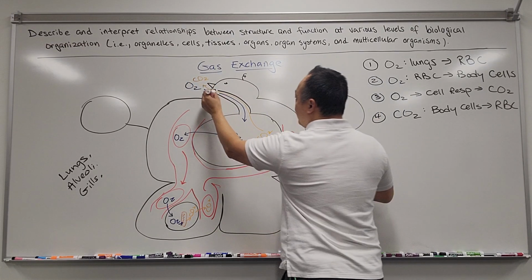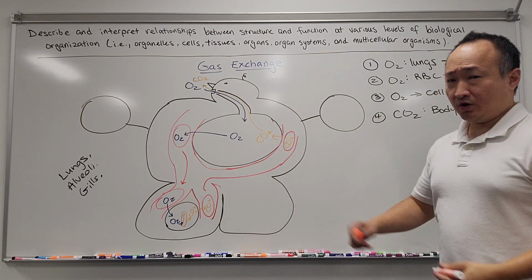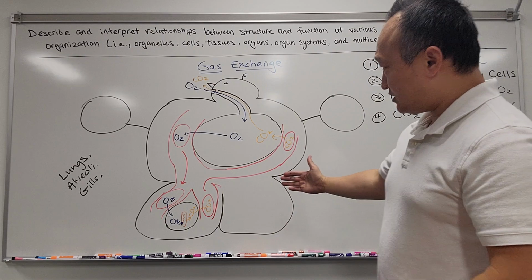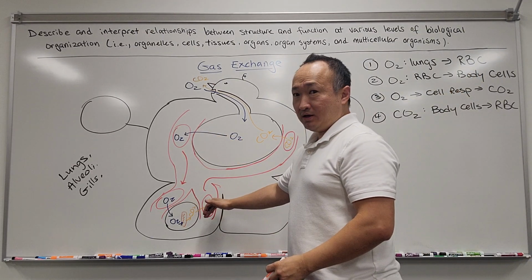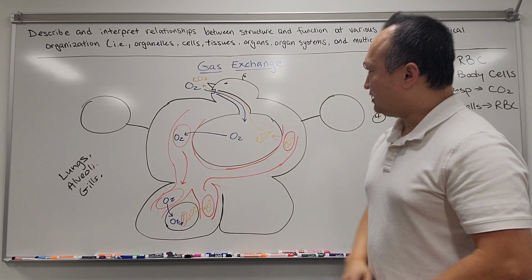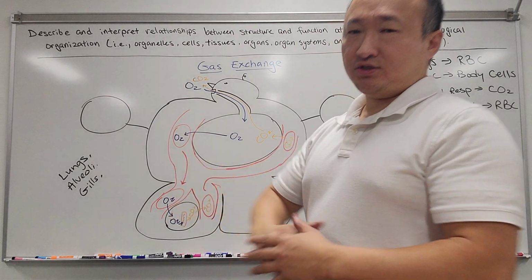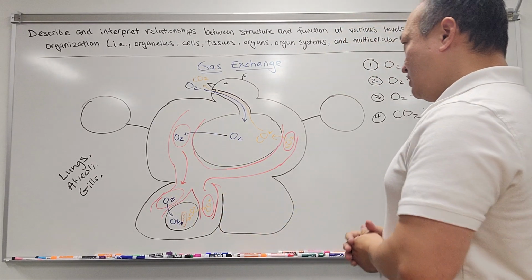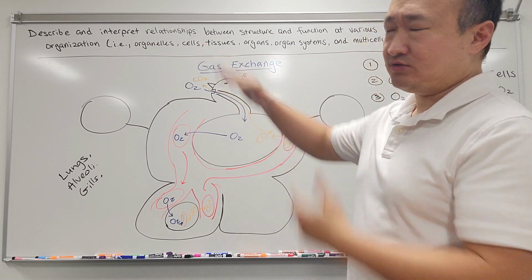So through this process, which is called gas exchange, you're exchanging gases between the lungs and the blood and the body and the blood and back to the lungs. This is how our body brings in oxygen and takes it to all our cells, and takes that harmful carbon dioxide from all our body cells and gets rid of it.